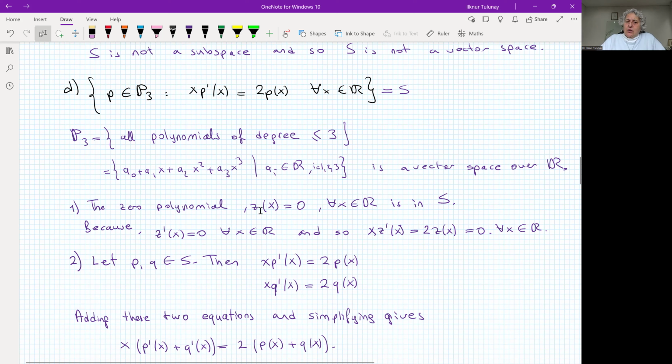So the zero polynomial, in this case, is a polynomial of degree less than or equal to 3, such that z(x) is equal to 0 for all x. This is the definition. This is a very common mistake that students make, but this is the full definition. It's not only the 0. That is the zero polynomial.